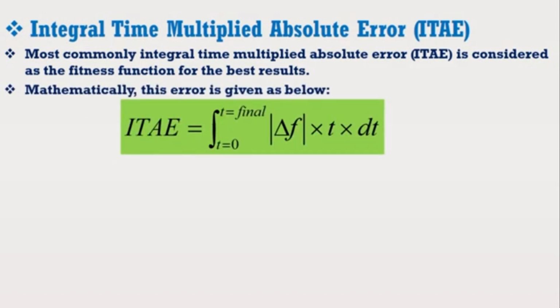It can be noticed from this equation that this error consists of integral of the error of change in frequency multiplied with time. Furthermore, the integral of time is taken from 0 to the final value of time. Now suppose if we run this simulation for 10 seconds, then it means that the time will be from 0 to 10 seconds. Let's design this integral time multiplied absolute error in the Simulink model.